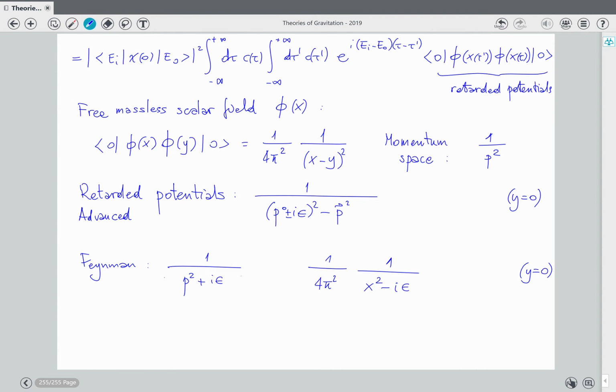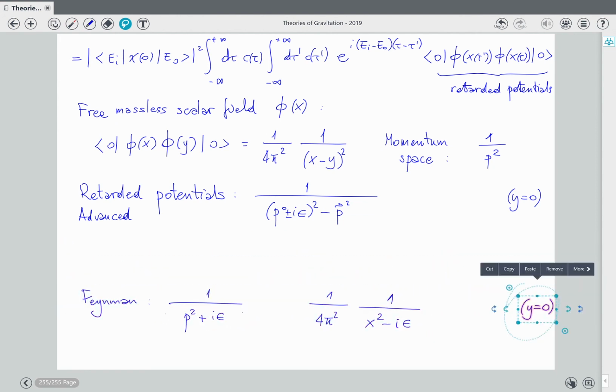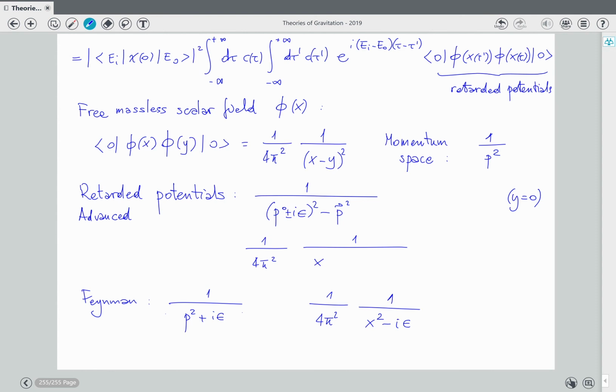Instead, in the case of the retarded and advanced potentials, it's x0, the same way as p0 there, which has a plus i epsilon squared minus the space part x squared.